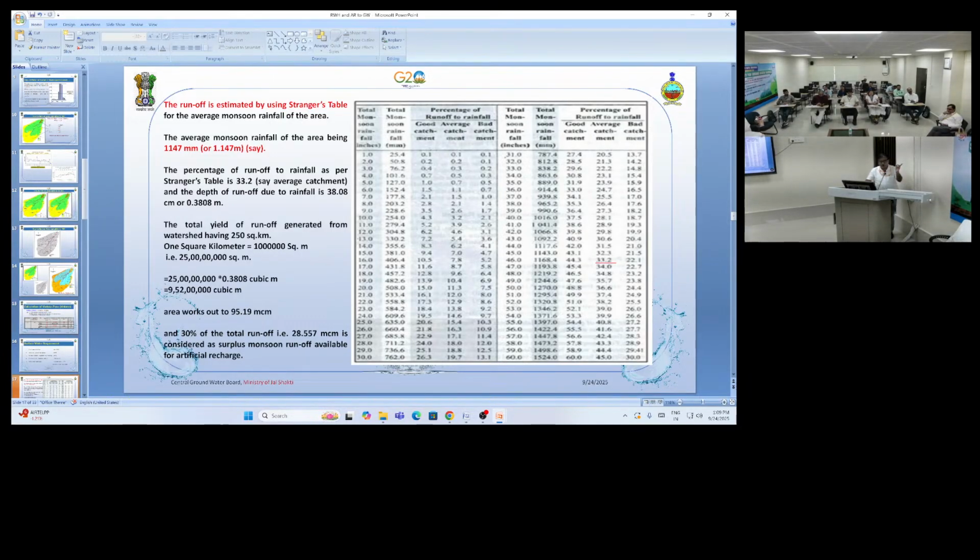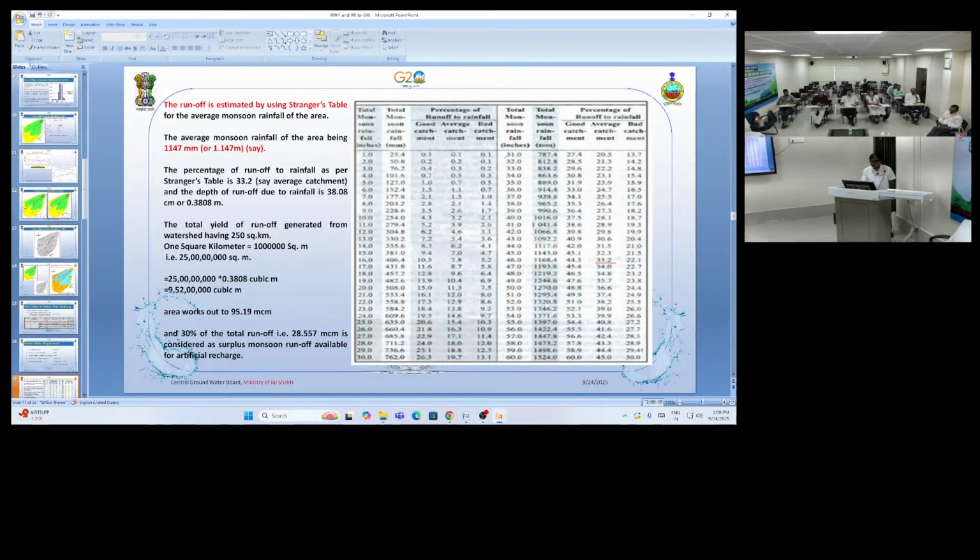The percentage of runoff to rainfall is as per Strange's table. For that you will have to follow one table, known as Strange's table. If rainfall is this much, and you consider an average catchment area, how much will be the percentage of runoff you can consider. Based on rainfall, it is given here 1168, ours is 1147, that is nearby, an approximation, so you can take that amount.